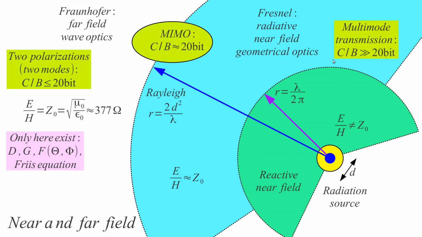So where is now the comparison between these three regions? In the far field, we only have two modes of propagation corresponding to the two polarizations. Here the spectrum efficiency is lower than 20 bits. As we approach the Fresnel radiative near field, we may have multi-mode transmission, and the spectrum efficiency may be much larger than 20 bits.